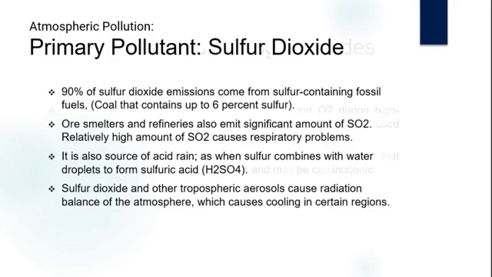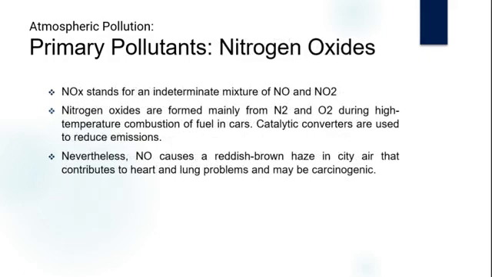Now, next primary pollutant is nitrogen oxide. Nitrogen oxide, known as NOx, stands for an indeterminate mixture of nitrogen oxide and nitrogen dioxide. Nitrogen oxide forms mainly from N2 and O2 during high temperature combustion of fuels in cars.